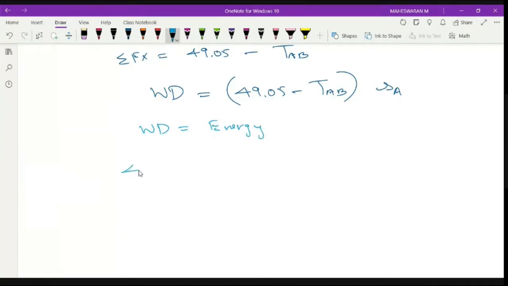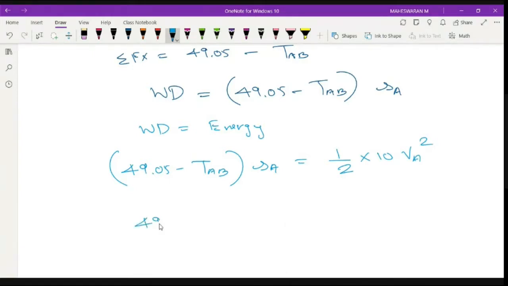So I will get 49.05 minus TAB into SA is equal to half into 10 VA square, which means 49.05 minus TAB times SA is equal to 5 VA square. And we consider this as equation 3.